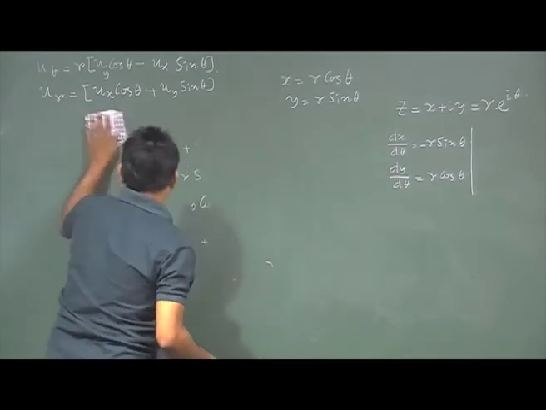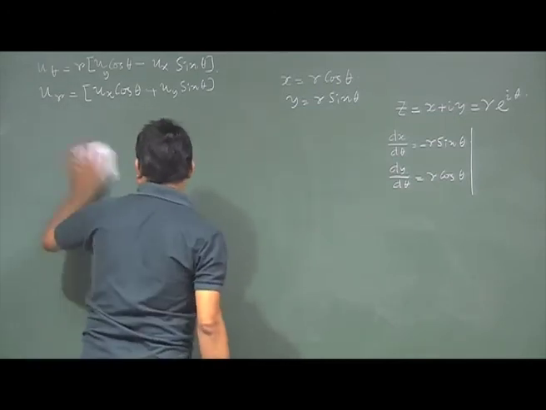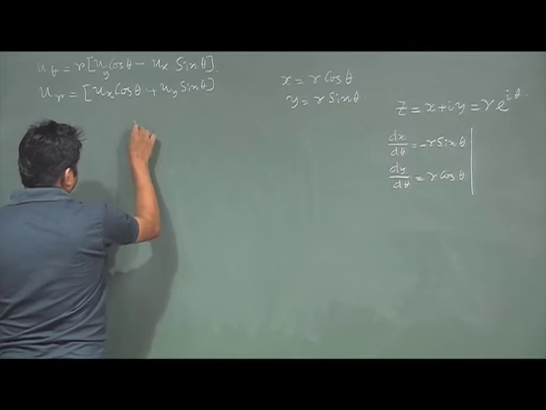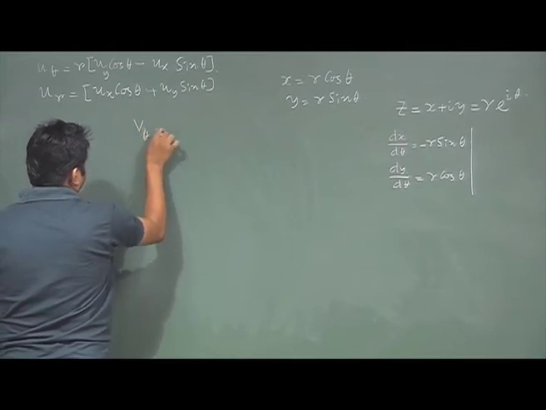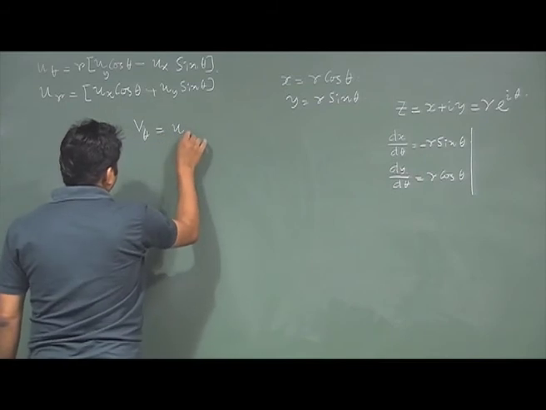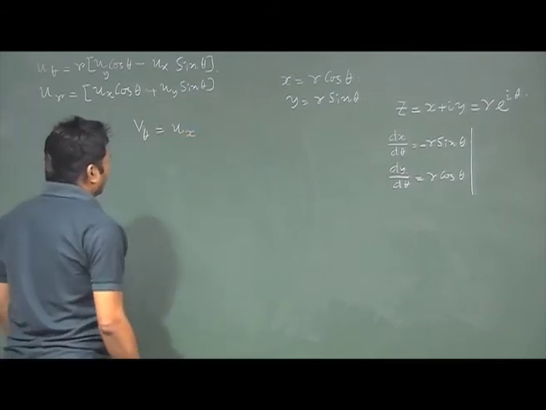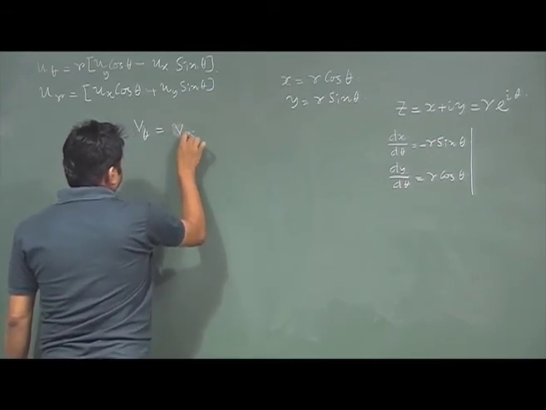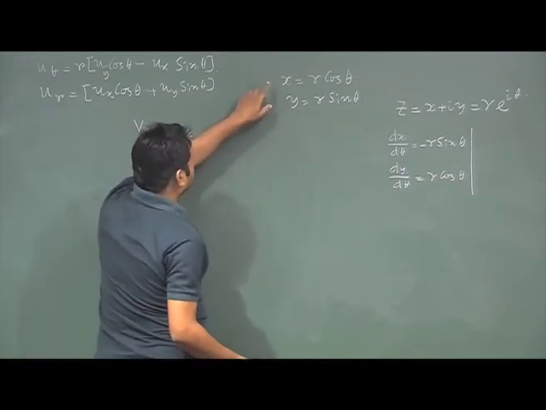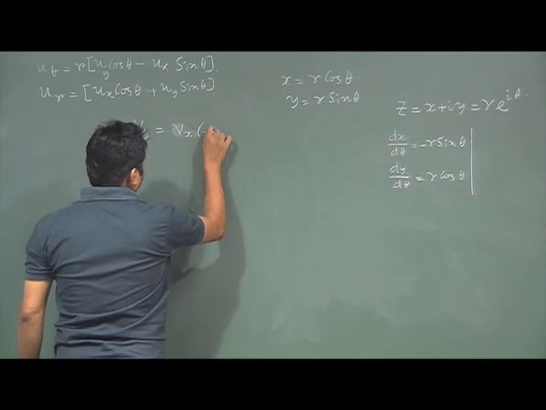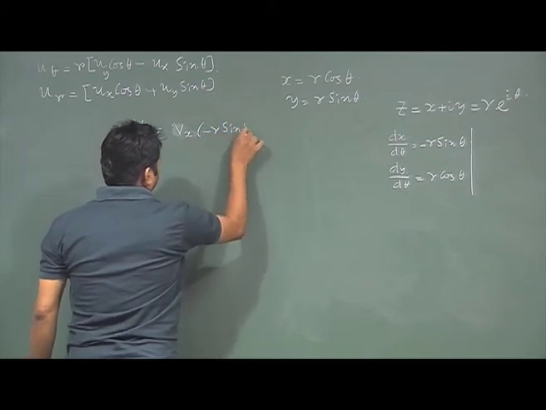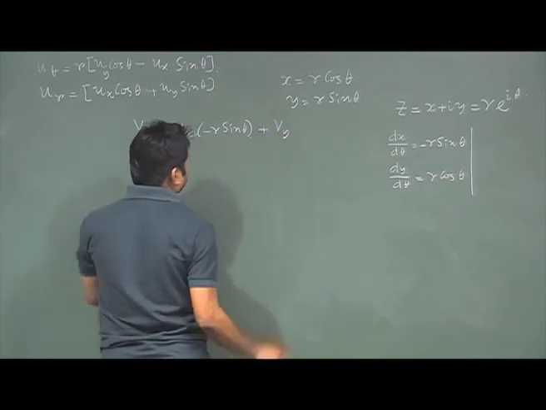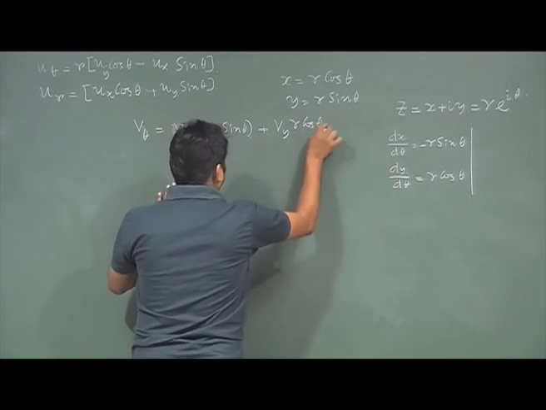Okay, I will do the same thing for v. If I do, then I will have two relations, and then compare, and it is done. In a similar way, if I write v theta, which is vx dx d theta, so minus r sin theta plus vy r cos theta.